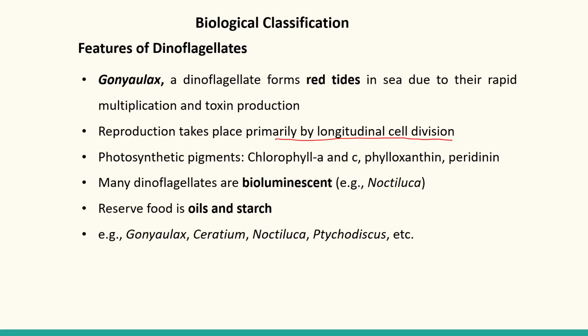Photosynthetic pigments, as we have already said, various types of pigments are present: chlorophyll a, chlorophyll c, xanthophyll and peridinin. These are the different pigments found in dinoflagellates. And many dinoflagellates are bioluminescent in nature, as found in Noctiluca.